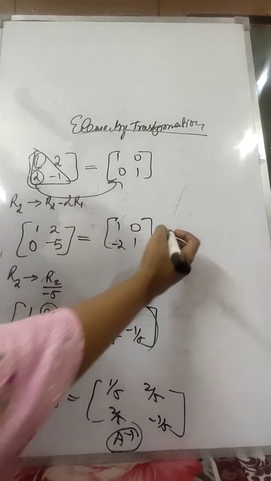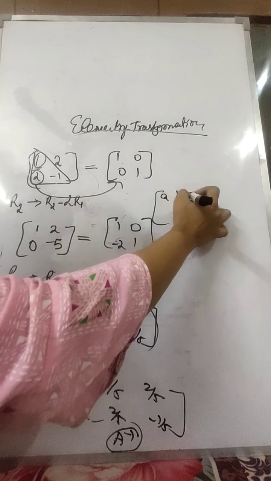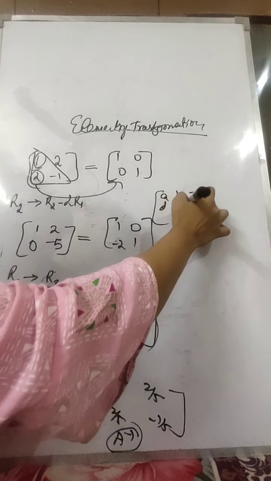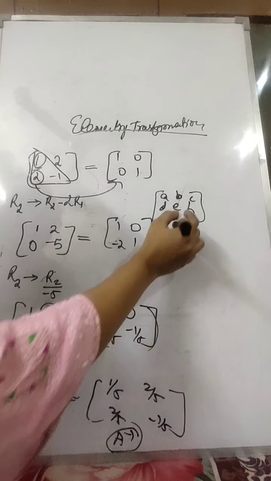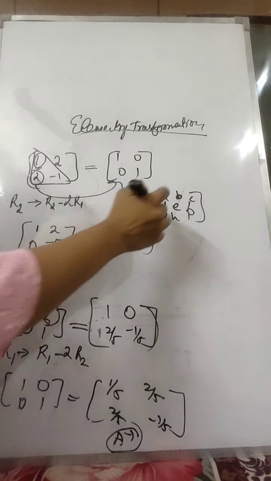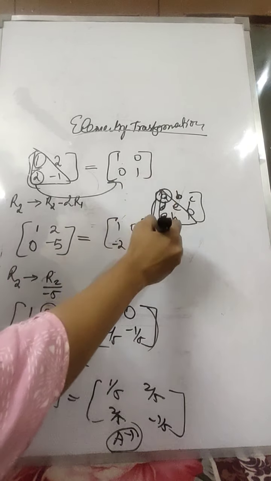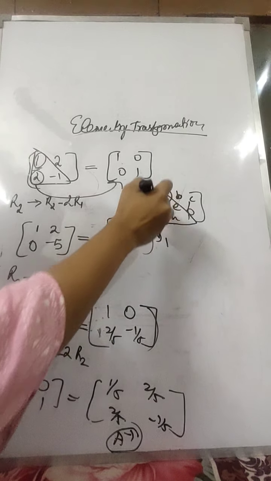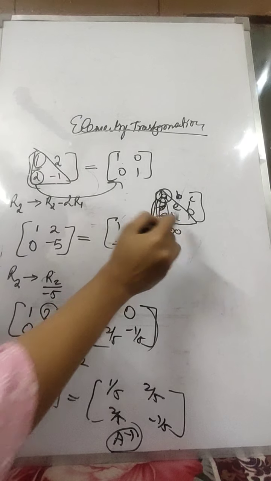For example, now if I take a 3 comma 3 matrix A B C D E F G H I, what I have to do is again make a triangle. I will first convert this A to 1, then my next step will be to make these two 0 and 0.